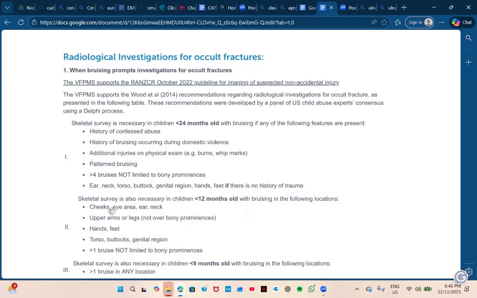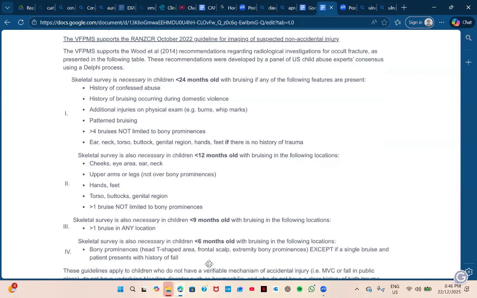Okay, so a skeletal survey is also necessary in a child less than 12 months old with bruising in the following locations: cheeks, eye area, ear, neck, upper arms or legs, hand, feet, torso, buttock, genital region, more than one bruise, not limited to bony prominence.